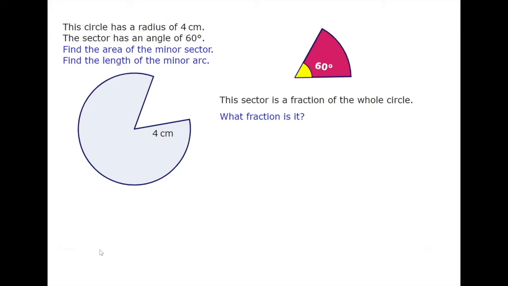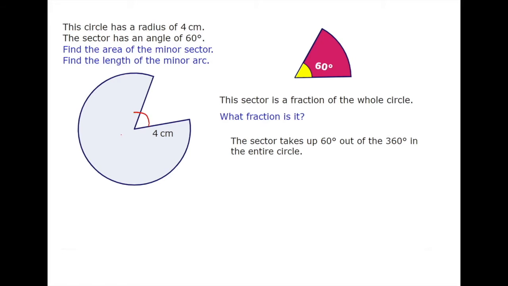We know that a sector is a fraction of the whole circle. So for example, if you had a semicircle, that would be half the circle. So here we have a fraction of the circle with this sector. But what fraction is it? Well, the way that we work this out is that we know that the angle around a point is 360.